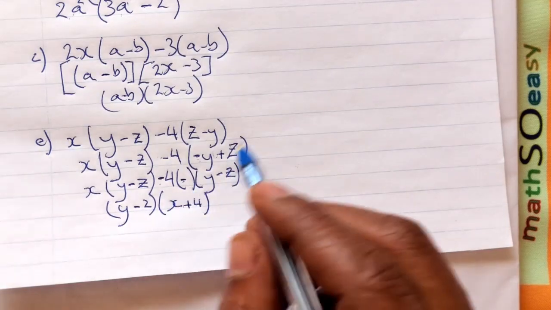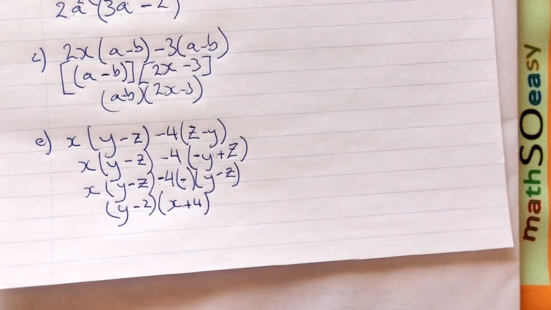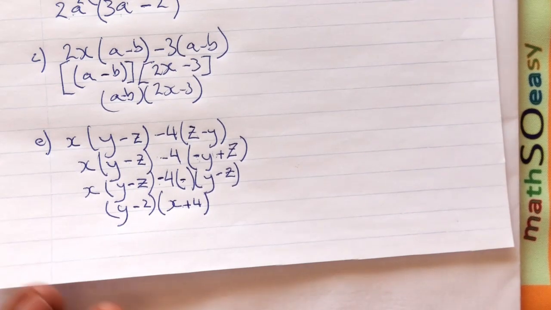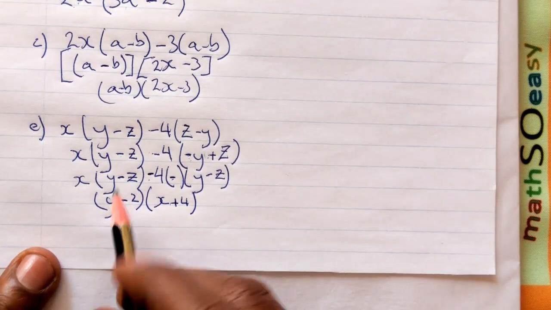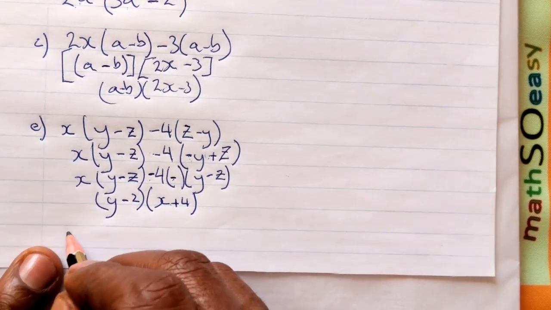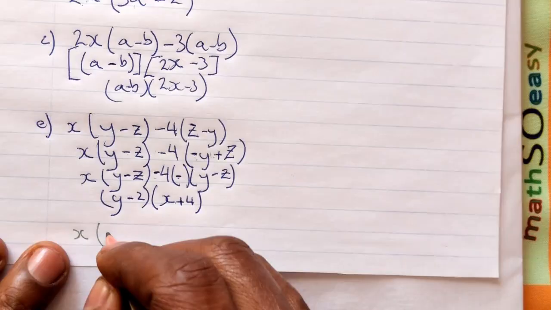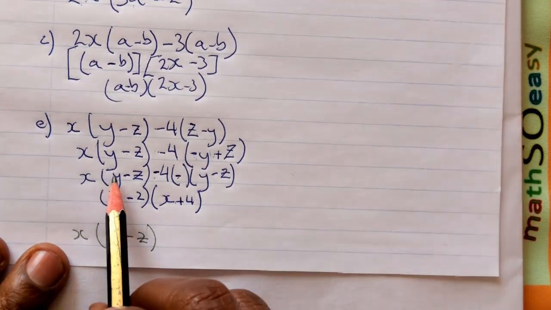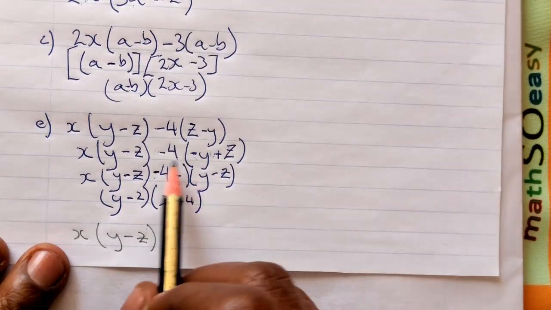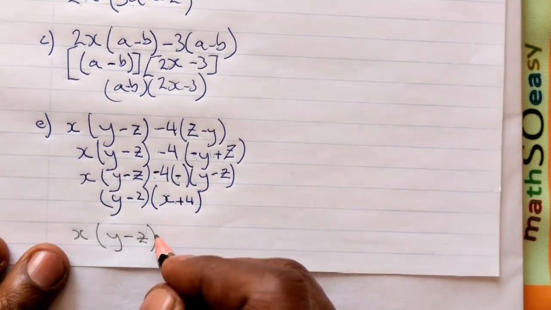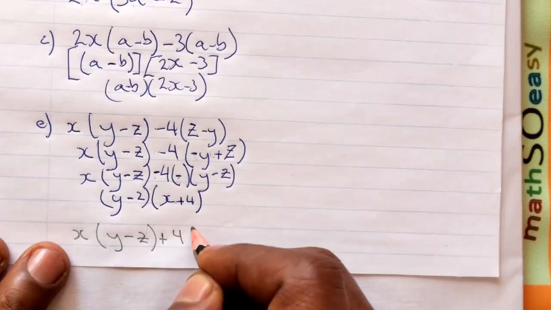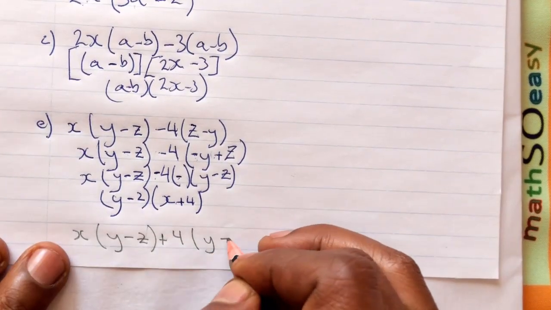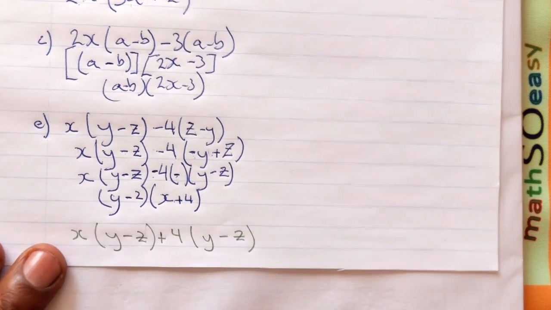You can write this one in another way. Let me show you. So this can be written another way as an x and a y minus z. This is for this bracket. Then if I remove this bracket, I must multiply by a negative. So I'll have a +4. So this is what it should look like in your mind.